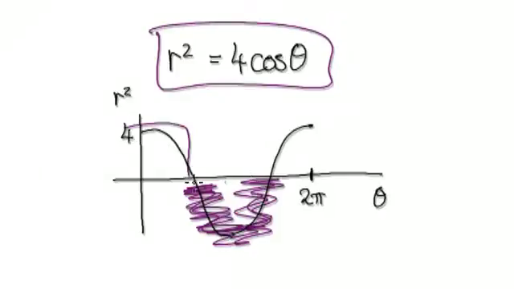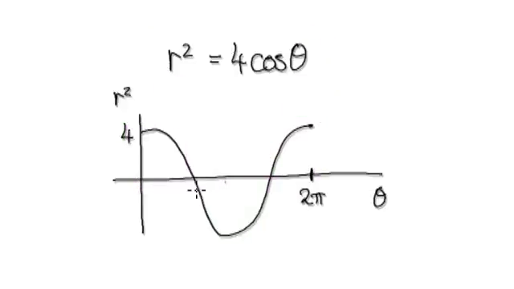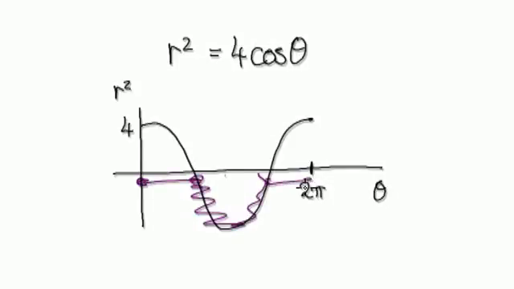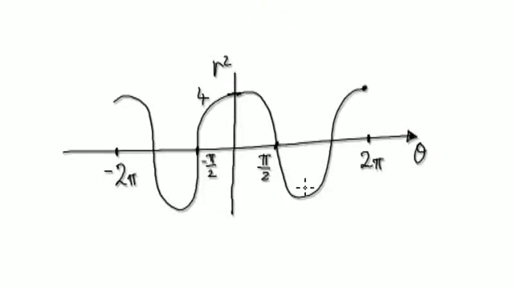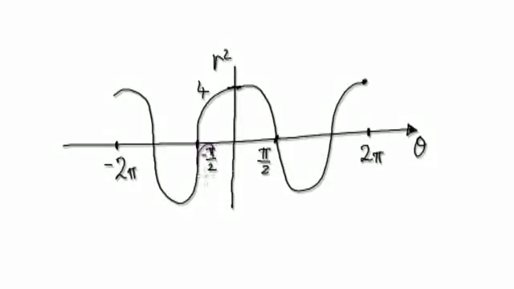So your domain is really here, but not here. But rather than saying your domain's from here to here and then having a gap from here to here, let's just say our domain will be from negative pi over 2 to positive pi over 2.